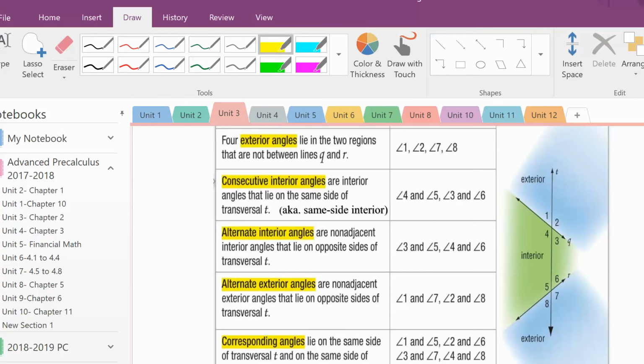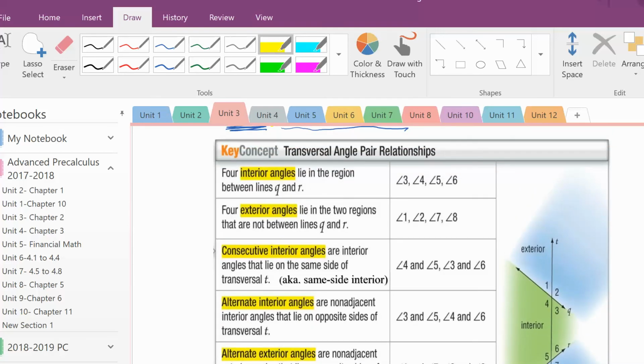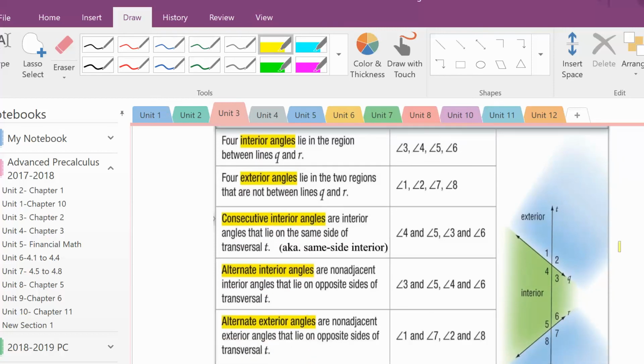All right, so when you have a transversal that intersects two lines, there are two regions that are formed. There's the interior, which is between the two lines that were intersected. So notice these angles here are in the interior between Q and R. And then you have what are called exterior angles, the ones out here, that are outside of Q and R. They're not between them.